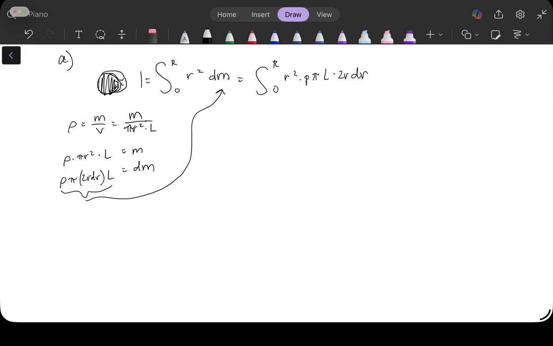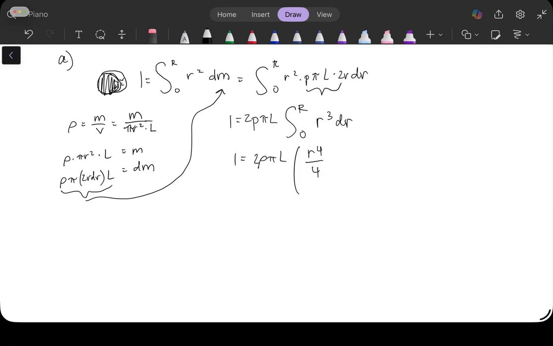And then we can take these terms out because they're all constants, and leave it as the integral from 0 to r of r cubed dr. And then we integrate this.